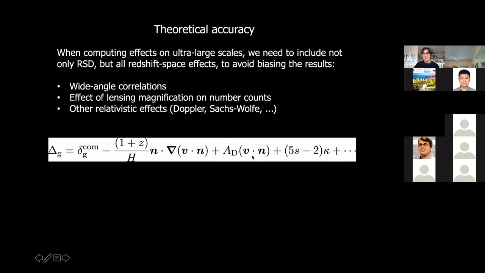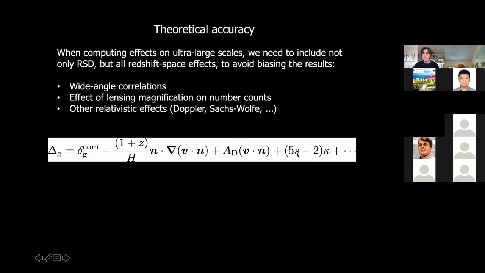Here is the Doppler term, which is not the gradient of v dot n, but v dot n itself with some coefficient. The lensing magnification term is in terms of kappa, which is the lensing convergence itself, and that's a line of sight integral over the matter density between the galaxy and the observer.